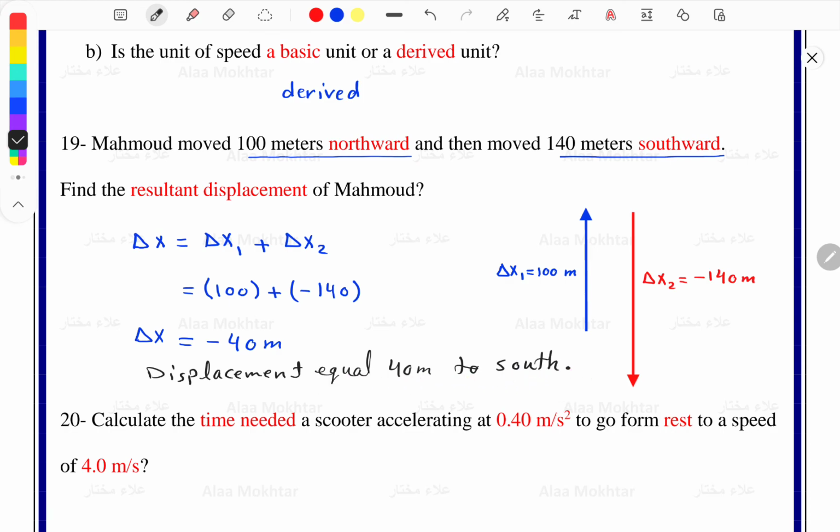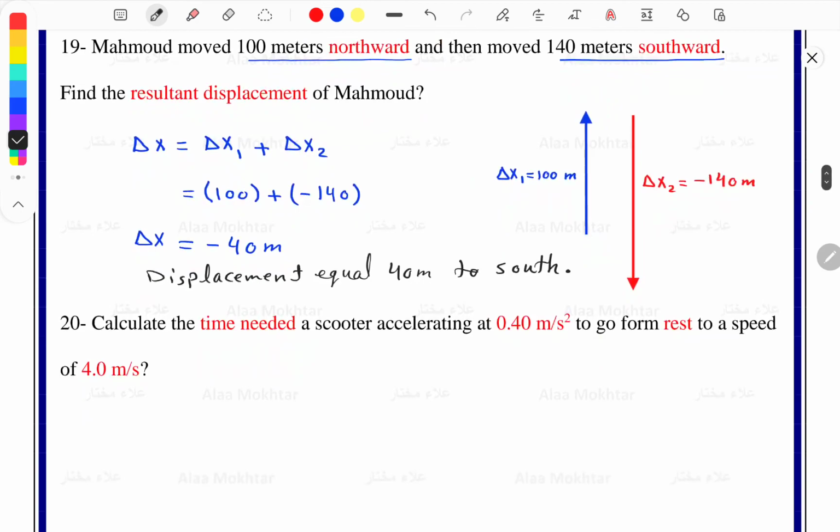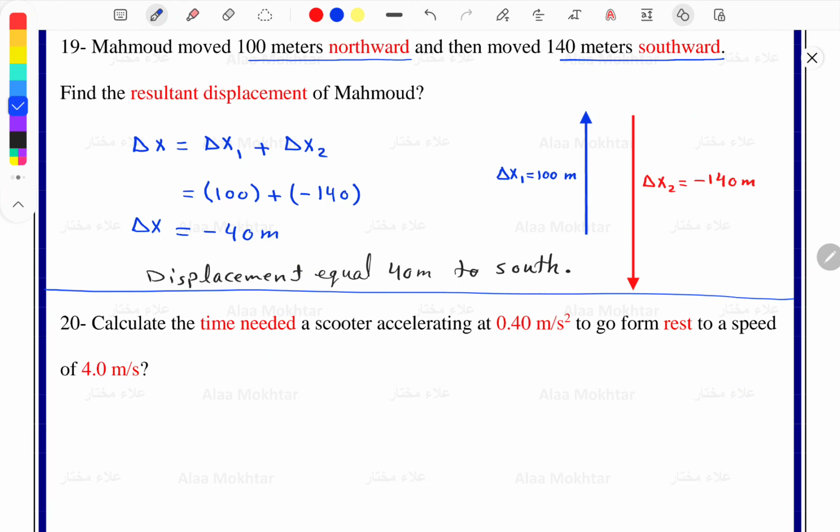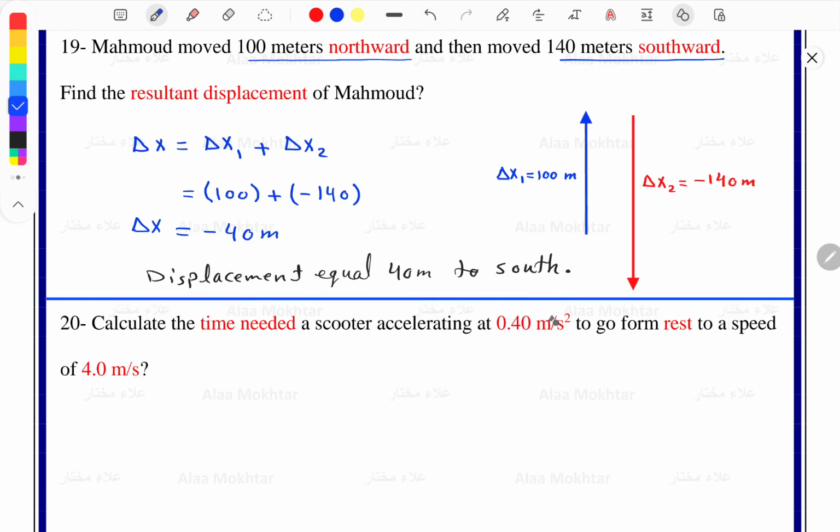The next question, number 20. Calculate the time needed for a scooter accelerating with acceleration... Anyone remember the sign for acceleration? Exactly, the sign for acceleration is small a.